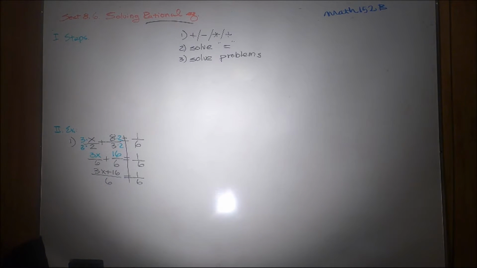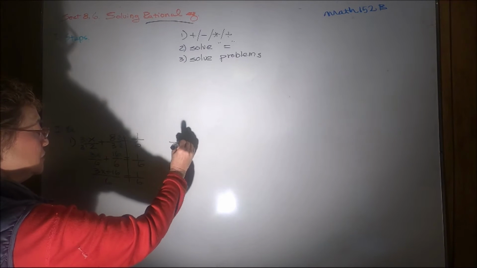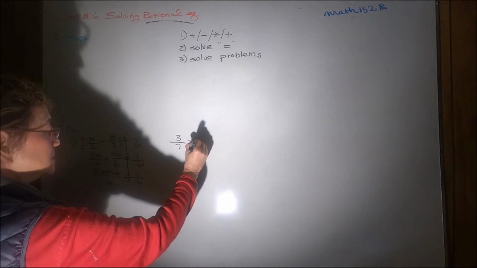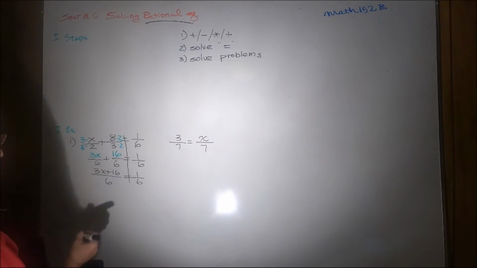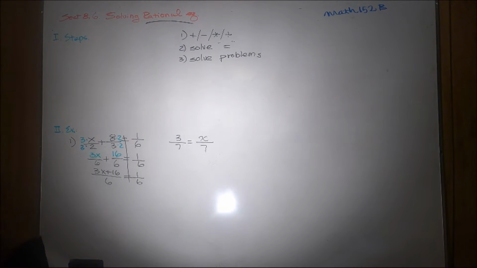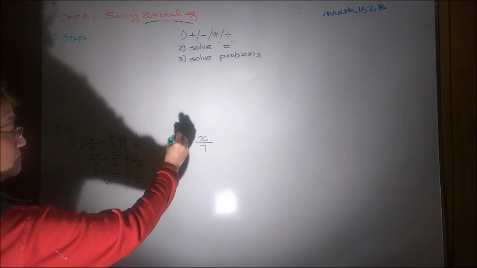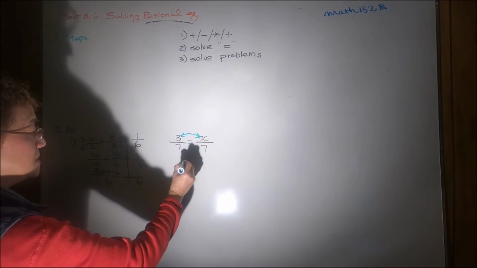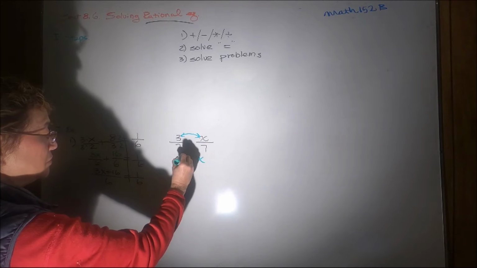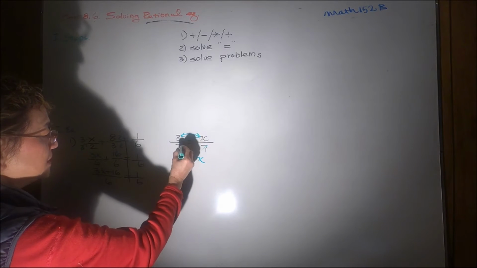Then what should we do? Just like if you have 3/7 equals x over 7, what do you think your x will be? By comparison, you can see x should be 3. You can ignore the 7.